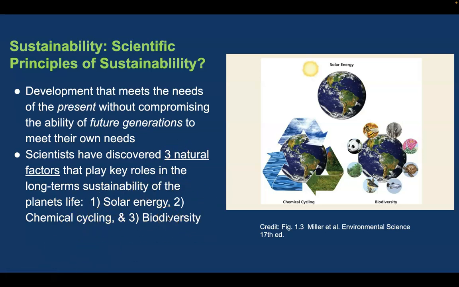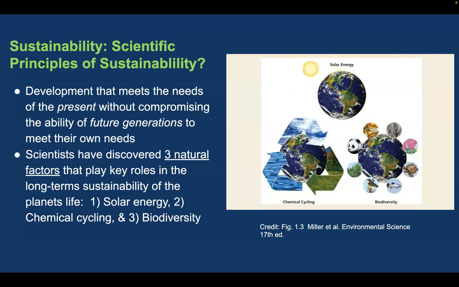These three major natural factors are: one, solar energy; two, chemical cycling; and three, biodiversity.